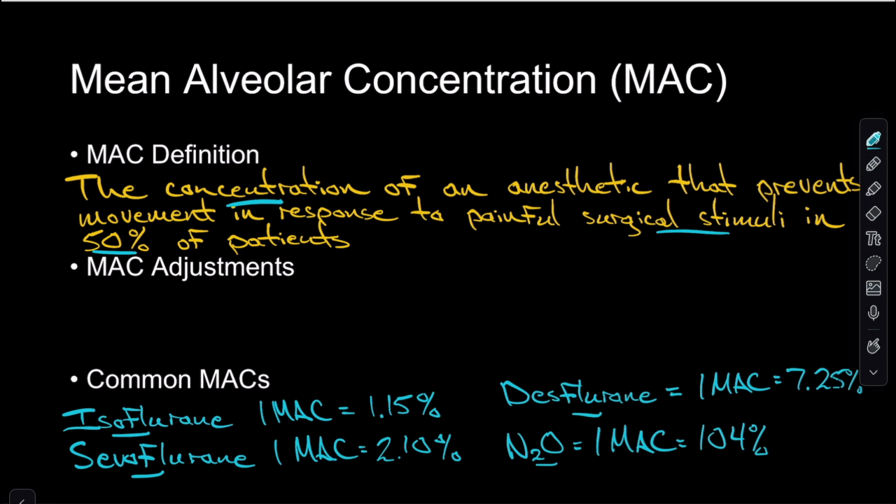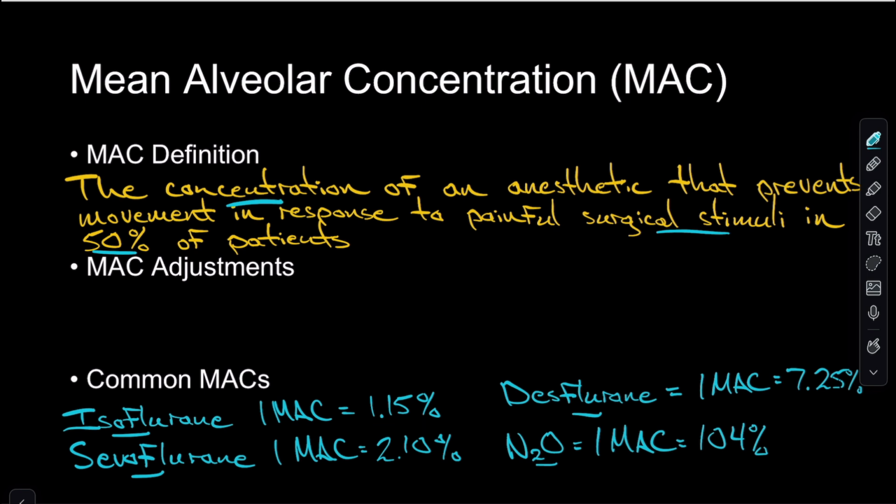That's a lot easier to understand if you're using a consistent MAC value, something that corresponds across different volatile anesthetics, than if you're trying to remember these specific concentrations.